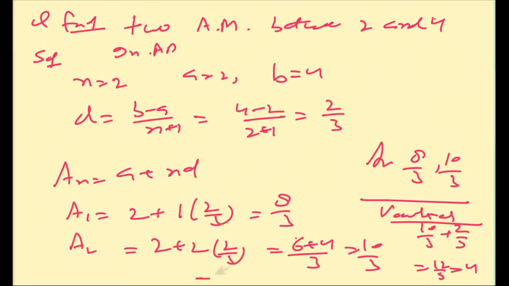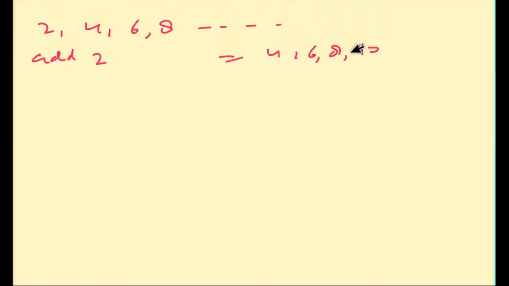Okay student, now student, 2, 4, 6, 8. If you add 2 to each term, we get 4, 6, 8, 10.